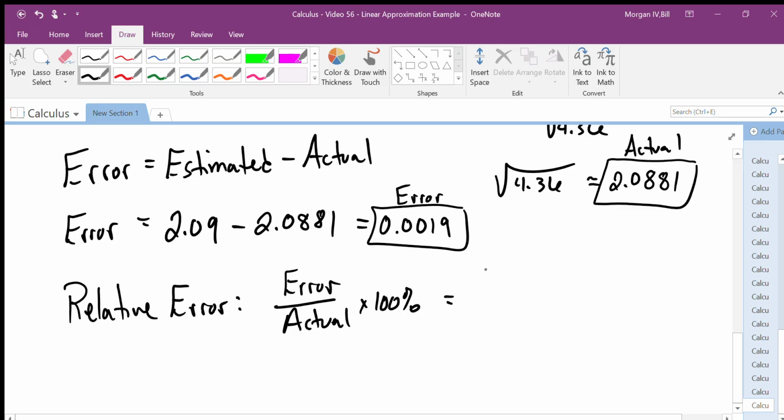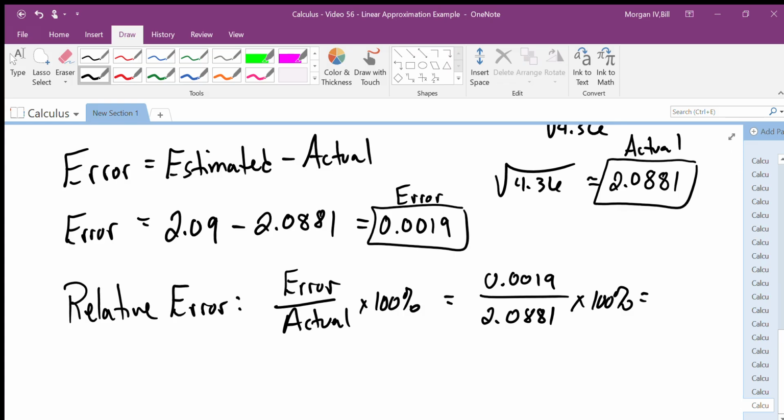So error was 0.0019, actual 2.0881, times 100% is equal to 0.09%. Less than 1% error in this case.